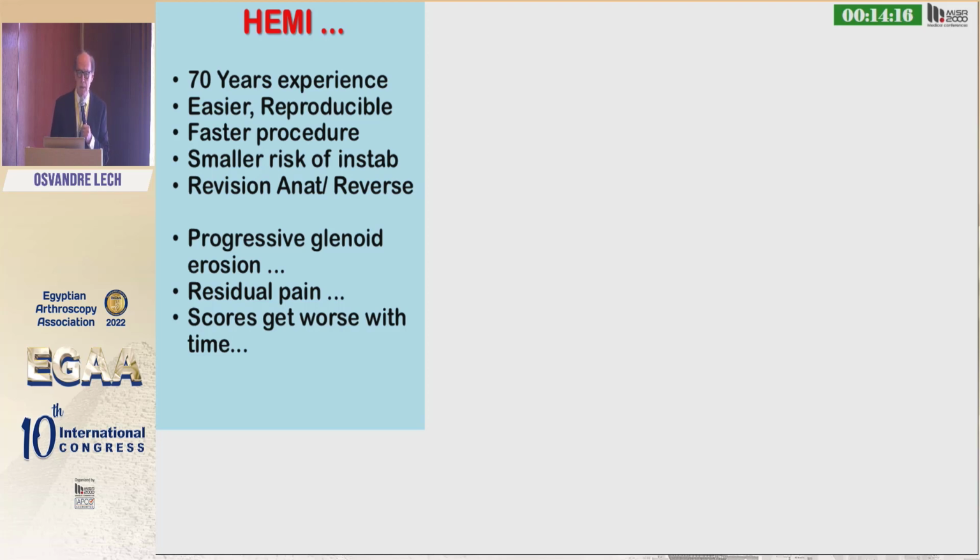Hemi, for the beginners here, not for the professors. 70 years of experience, very easy and reproducible, fast procedure, smaller risk of instability when well done. And when you have to revise, it goes to anatomic or reverse. However, we have progressive glenoid erosion, residual pain, and scores get worse with time.